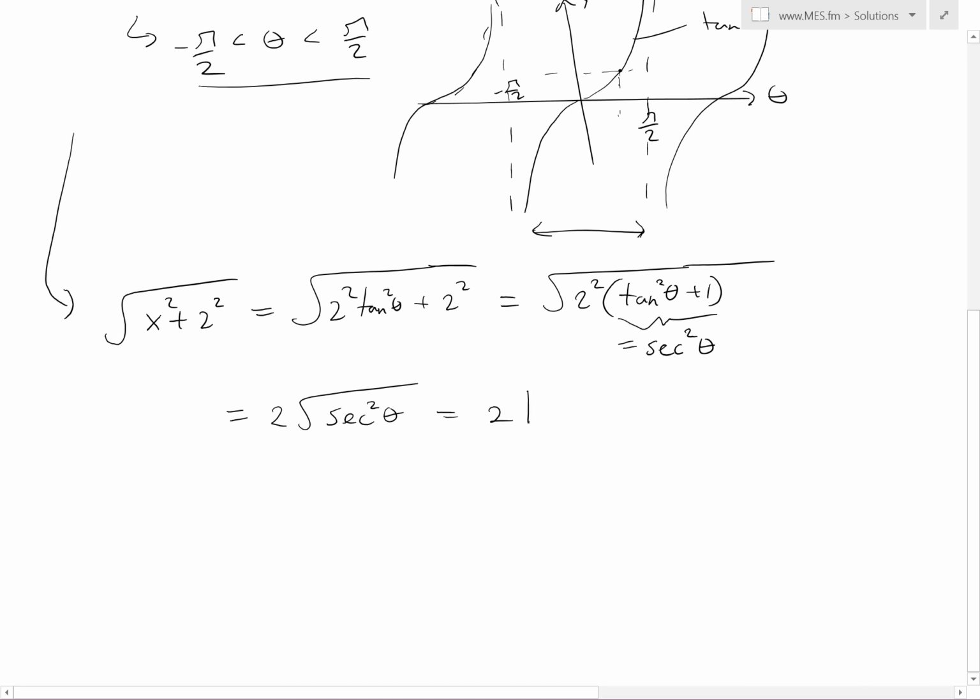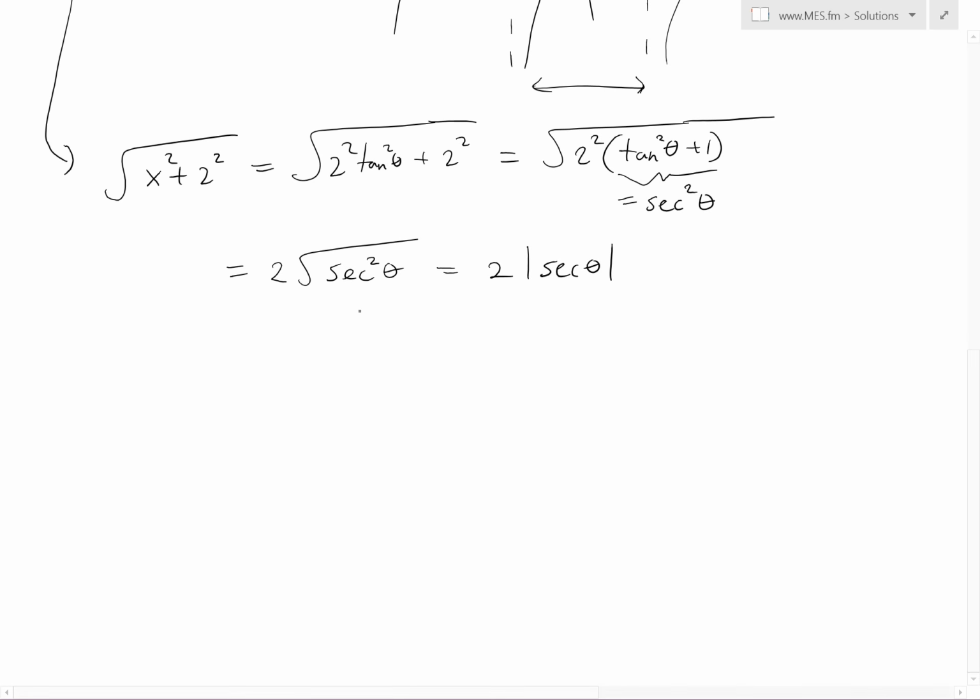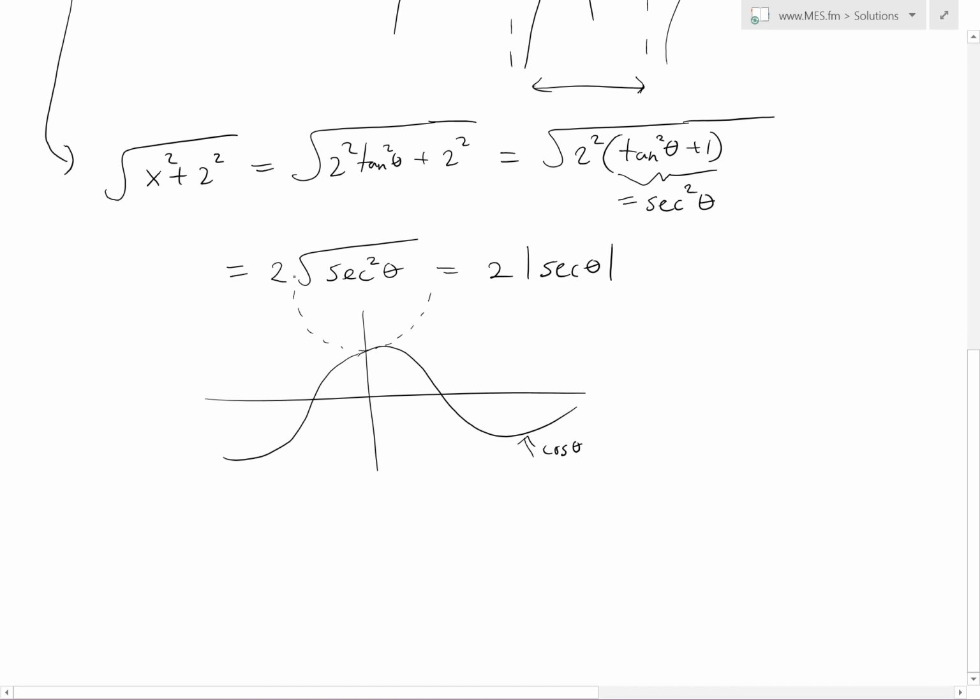Now this equals 2 times the absolute value of secant theta. It has to be an absolute value because the square root is always greater than or equal to 0. Secant, if we recall, is the flip side of cos theta, so it goes up like that.